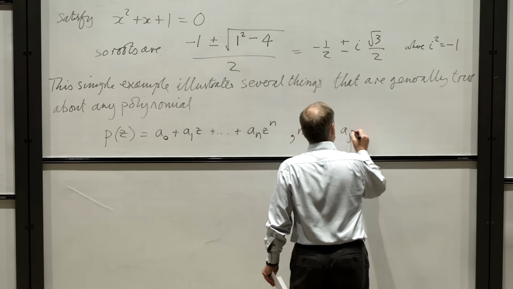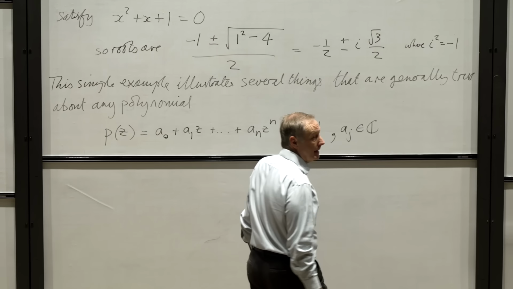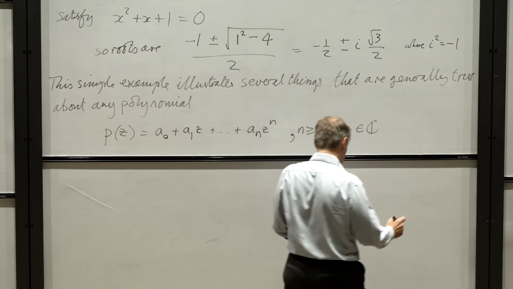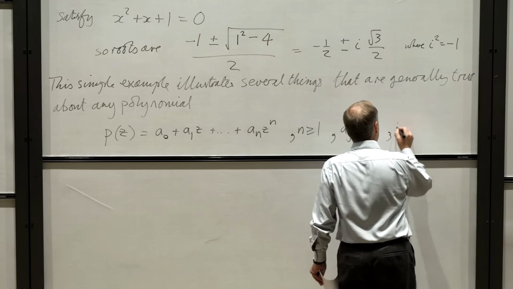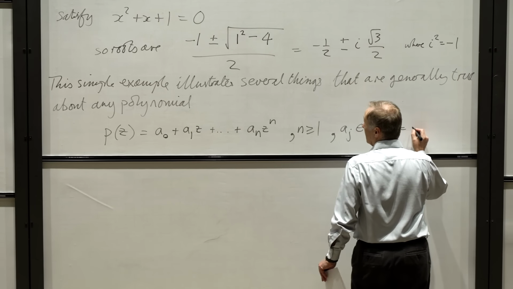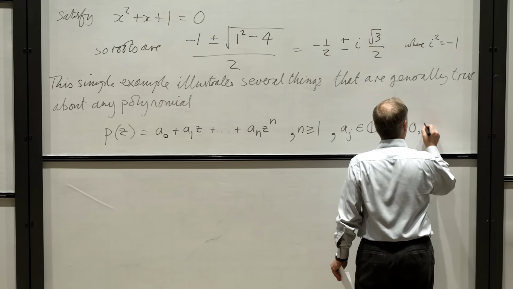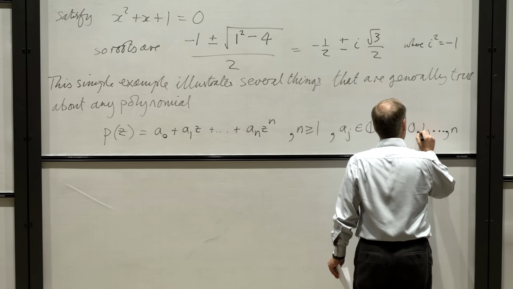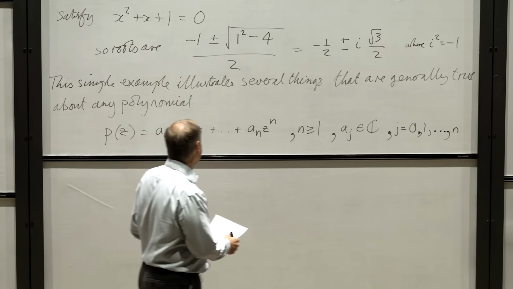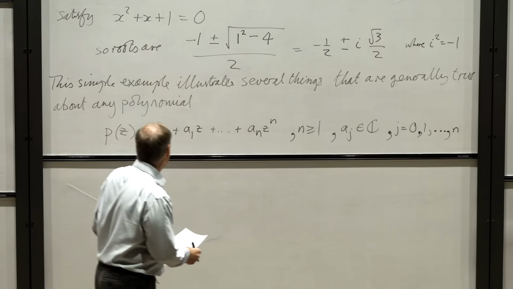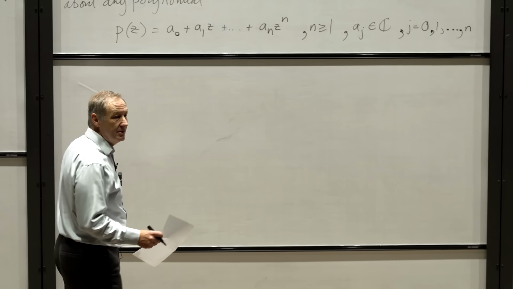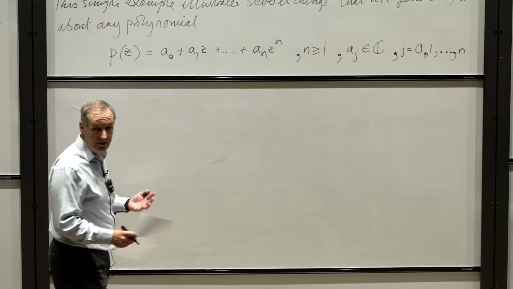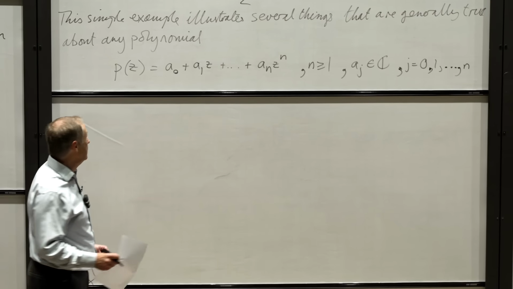These aj's are complex numbers. Okay. And this is true for j equals 0, 1 up to n. Okay, so this is the way we usually think of polynomials. We'll see them in this course in many, many different forms. But this is perhaps the way that you've seen them most simply written down before. Okay.